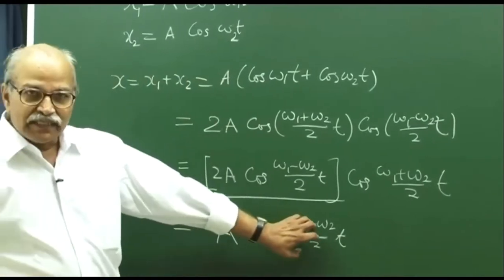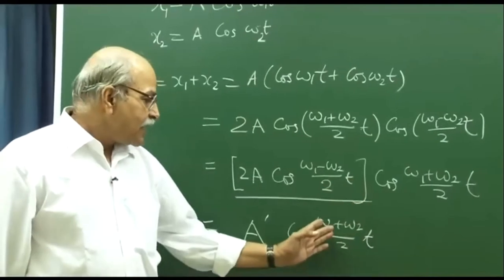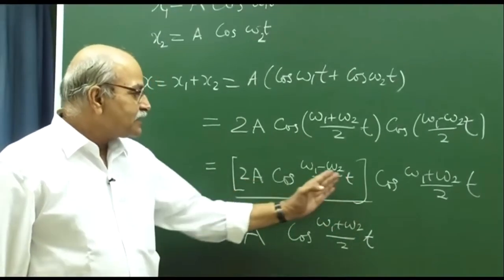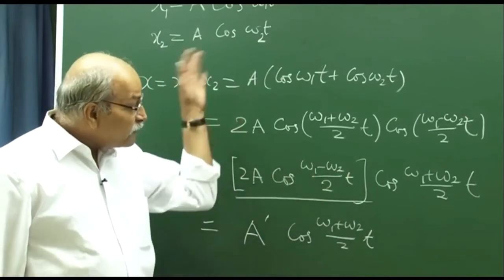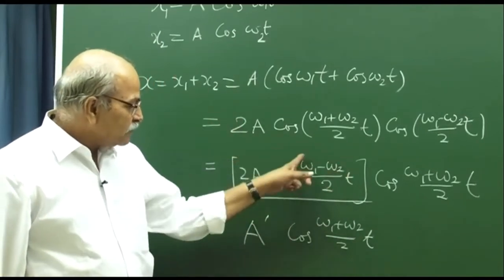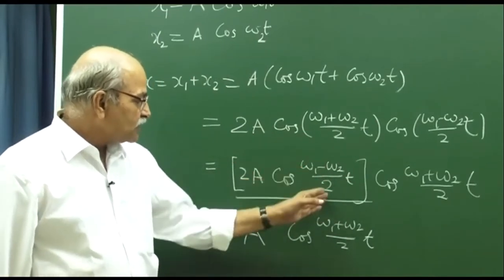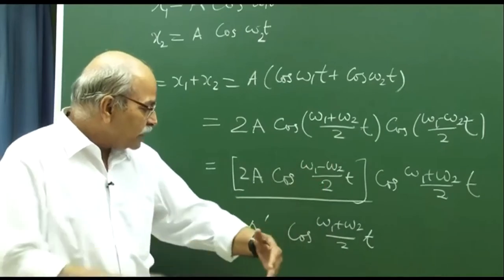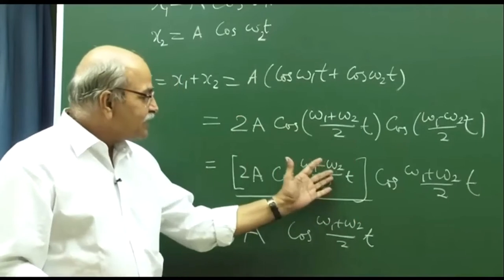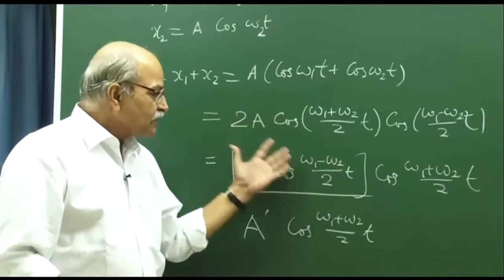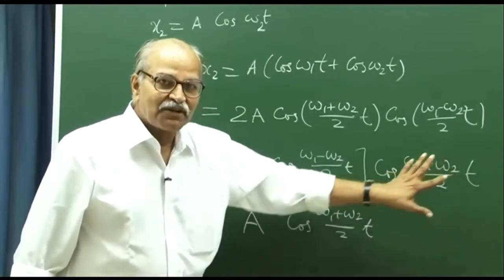This is the frequency with which it is oscillating roughly, and the amplitude itself is time dependent, and the oscillation of amplitude is given by this frequency. So, the time period will be large because this frequency is small. Over a large time the amplitude will gradually change, and the whole thing is oscillating with a mean frequency of something like that.